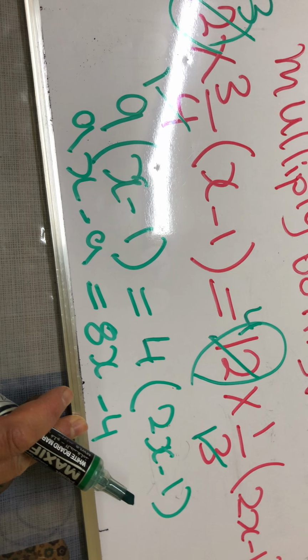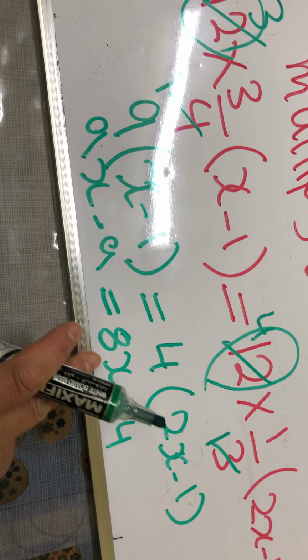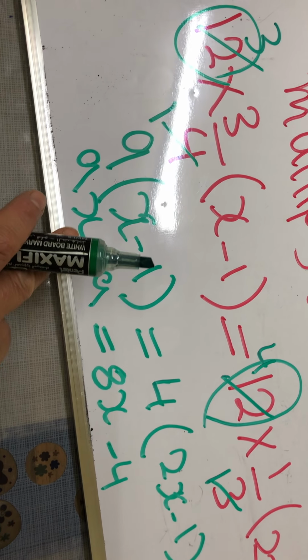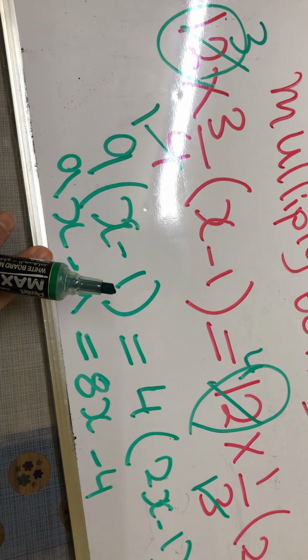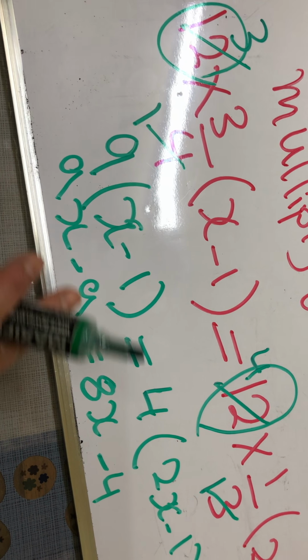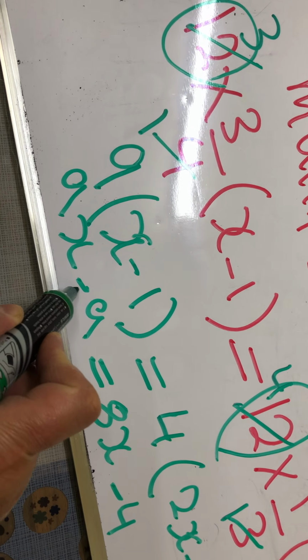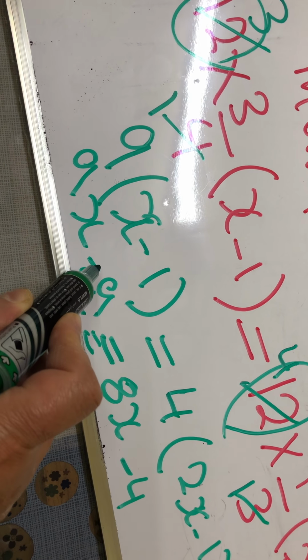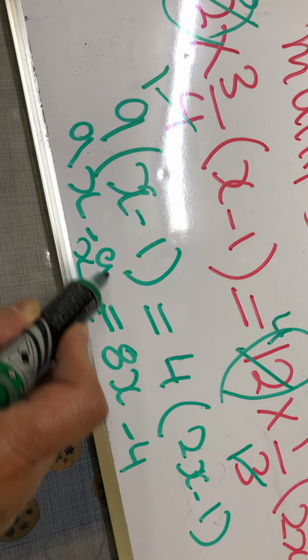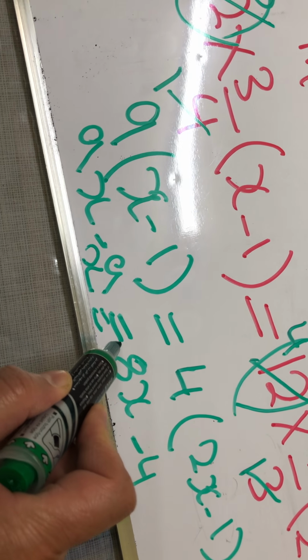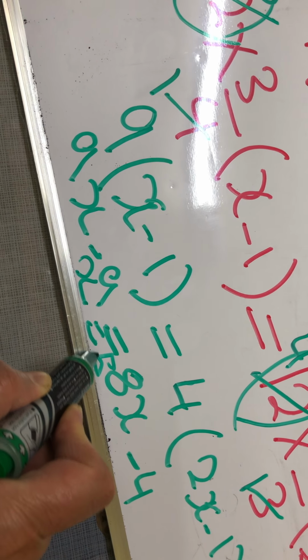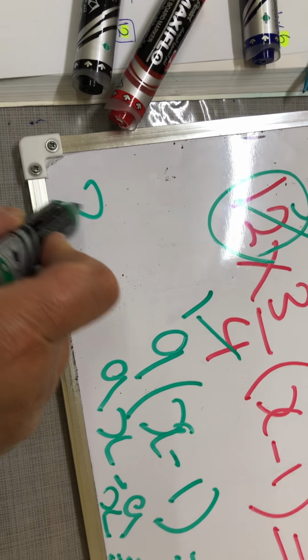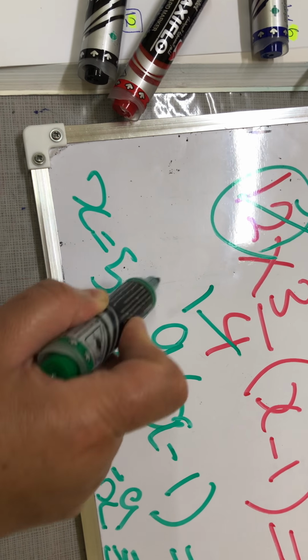I'm sorry, my board is small, so I'll take 8x to the opposite side with negative sign. So 9x minus 8x give me just 1x equal, and take this 9 to the opposite side positive. Positive 9 and the negative 4 equal 5. So the answer is x equal 5.